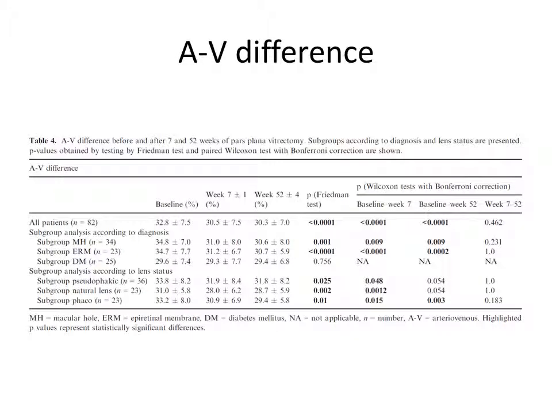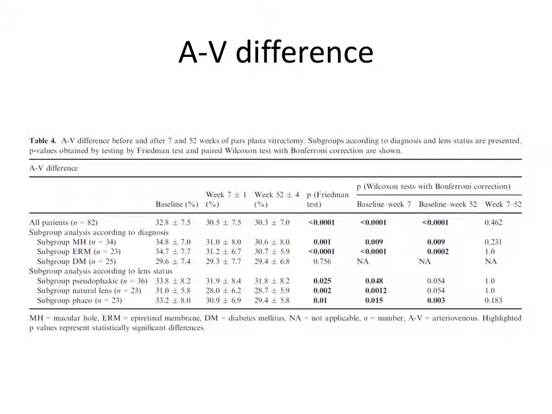results were AV differences. So in this, again, we can see the opposite results. From approximately 33% of saturation, it drops approximately about 2.5%, and it remains in all patients.